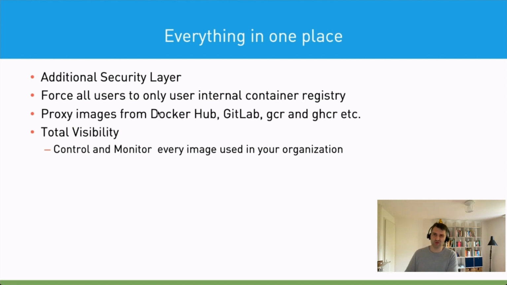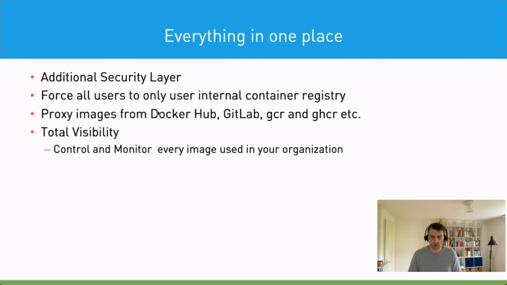This is one very restrictive way of doing things, and I'm not a big fan of this kind of restriction. But there is another option: you can give the responsibility to the developer and say you can pull whatever you want, but you have to do it over our registry. So your registry is acting as a pull-through cache or as a proxy.